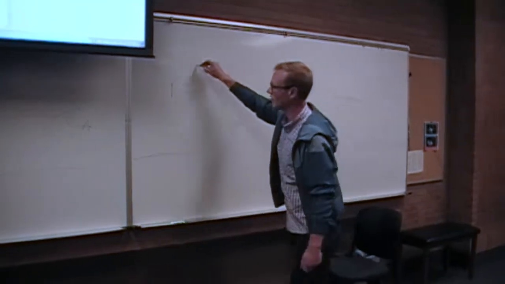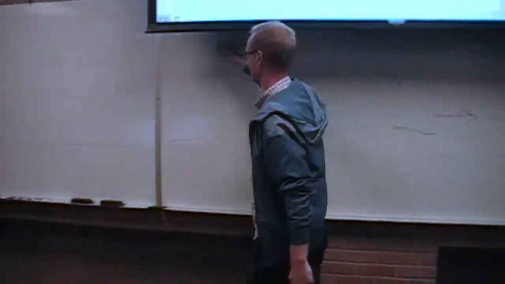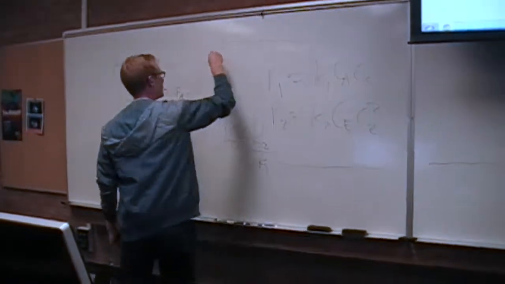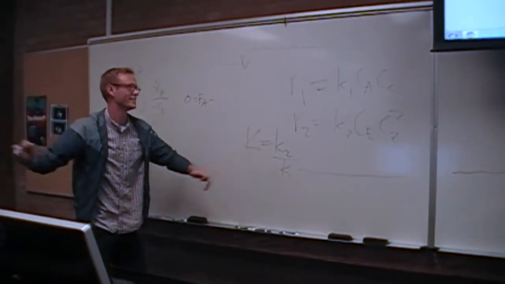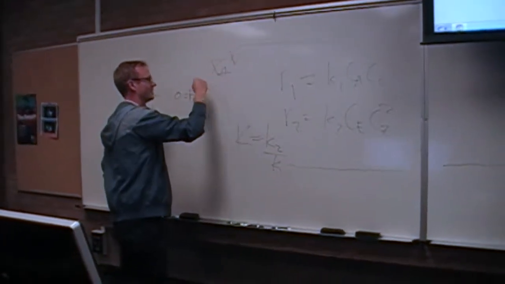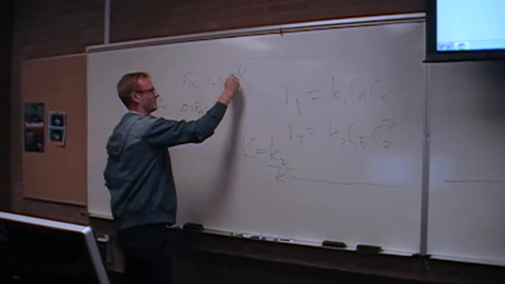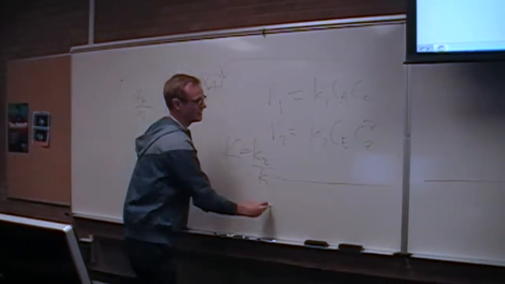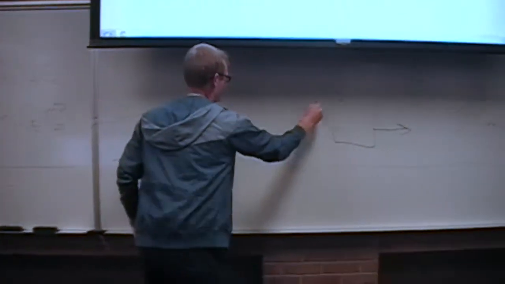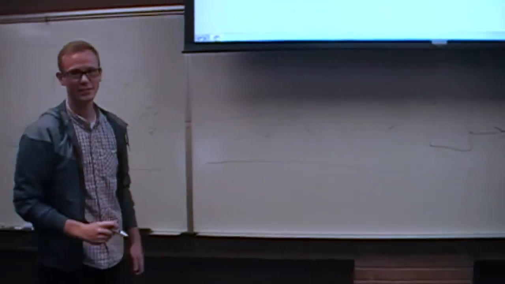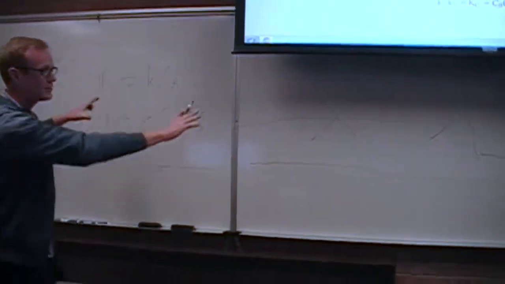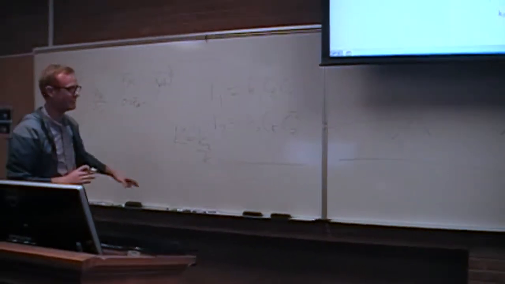If this were a PFR, then we would have a completely different design equation, which would then not be equal to the CSTR design equation. Now, can't you see how it all flows together?